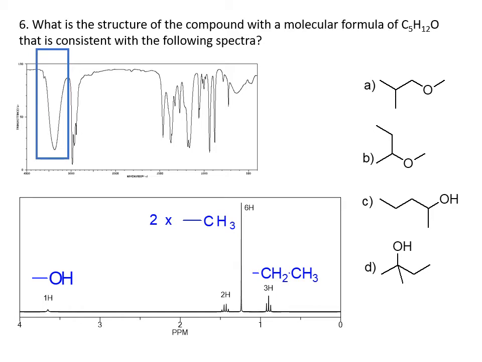And the only structure that corresponds to it is structure D. Structure D has hydroxyl group, it has ethyl group, and that's bonded to carbon 2 of 2-methyl-2-butanol, and carbon 2 has no hydrogens, so ethyl group is not coupled to anything. And then you have 2 methyl groups, and they are not coupled to anything because they are attached to carbon that doesn't have any hydrogens. So D is the only possible structure.